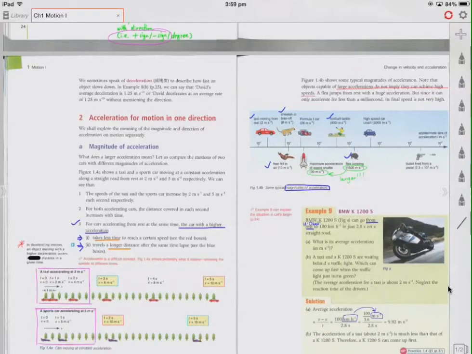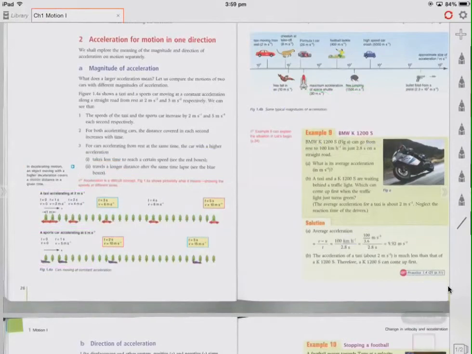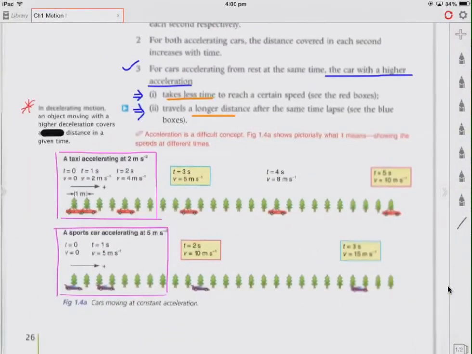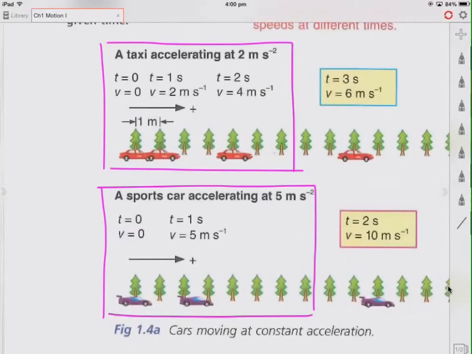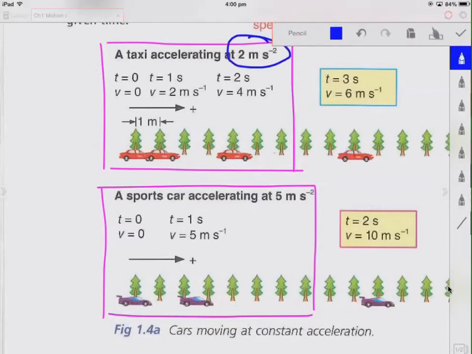And next, underline, just take a look at what acceleration means. Accelerating at 2 meter per second squared means for every second, you can see from time 0, after 1 second, for every second, the speed is increased by 2.